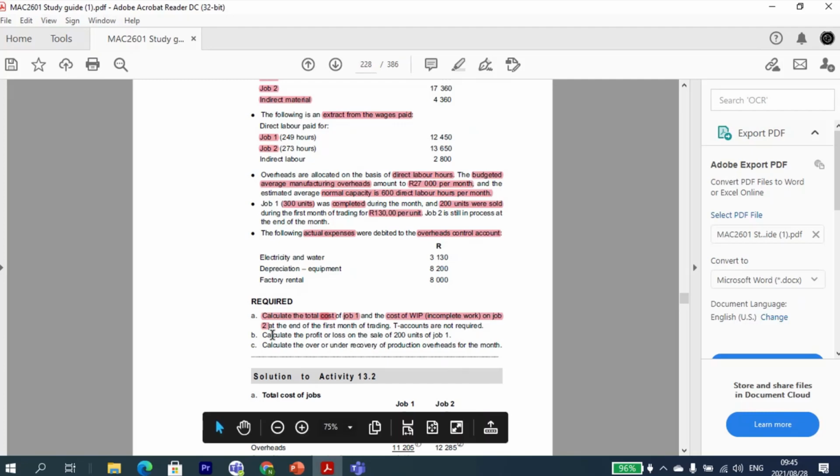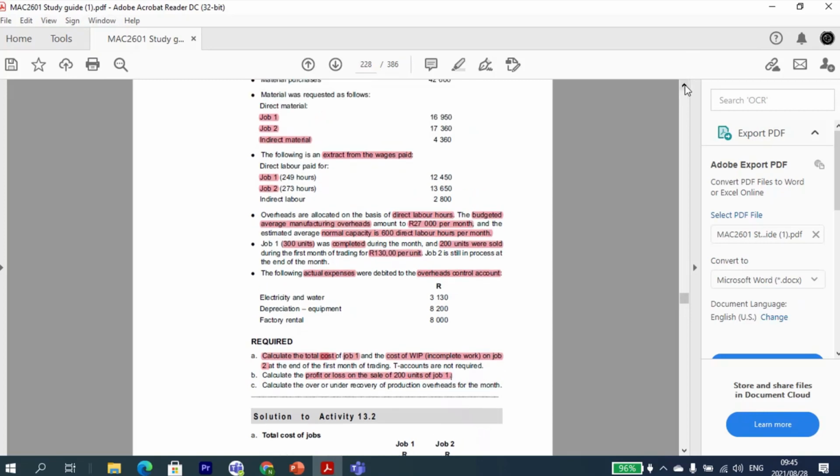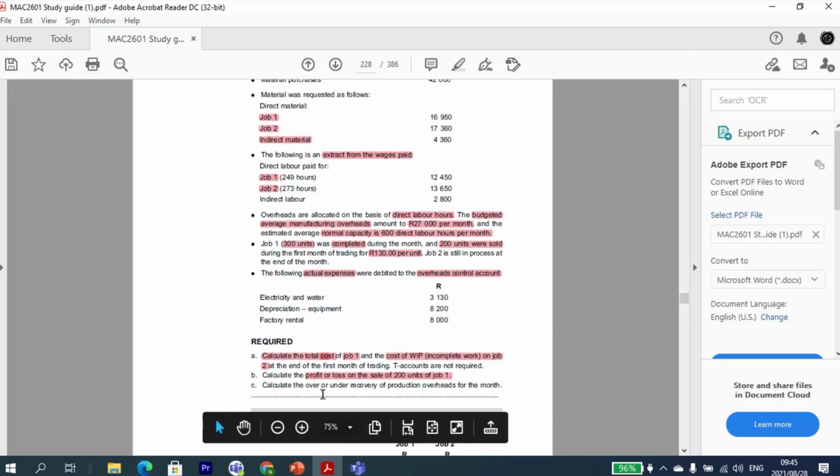And then they say calculate the profit and loss for job 1. Remember job 1, they gave you the selling price and they told you how many units were sold. So give us the profit and loss for that sale. Then C, remember what I've said, you need to give us the over and under recovery of the overheads for that month. So this is not specific to job 1 and 2.